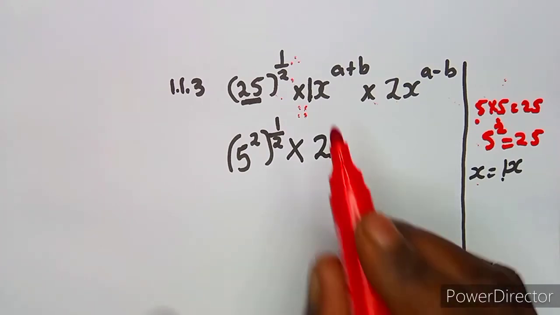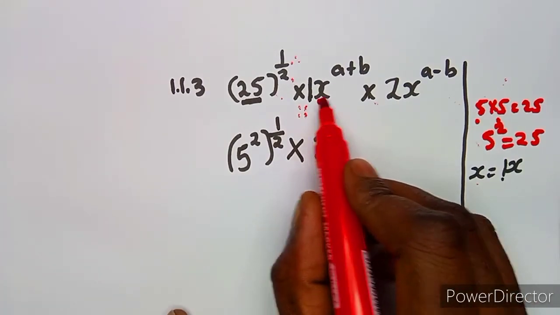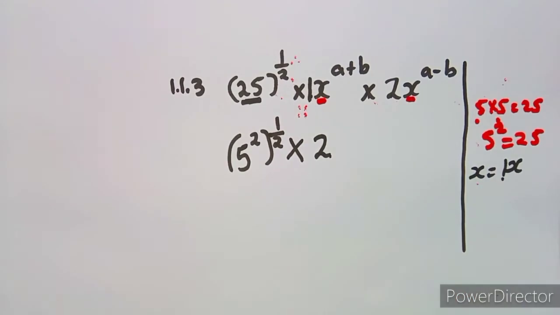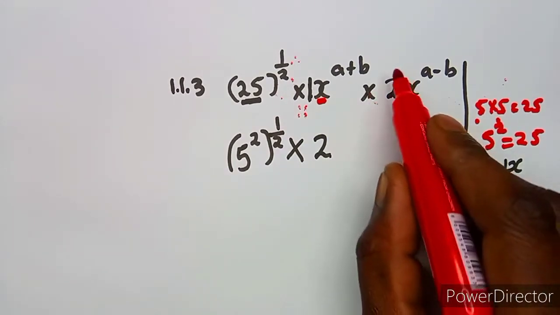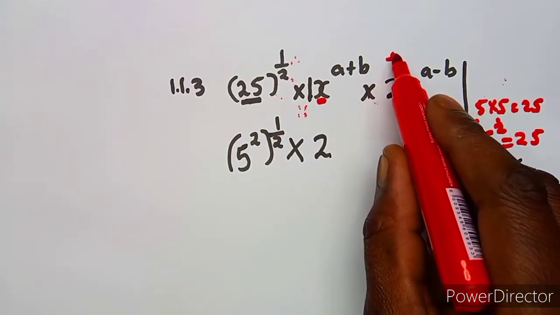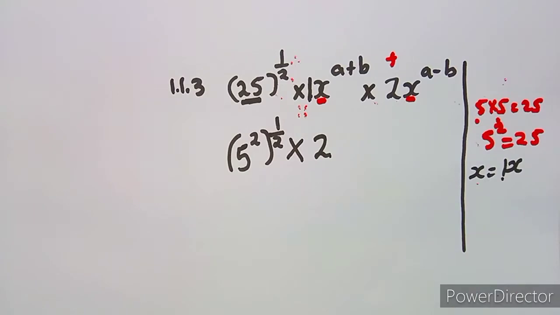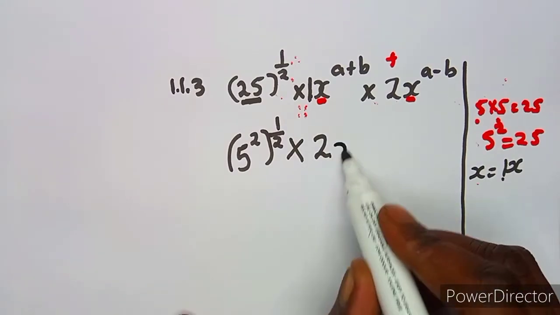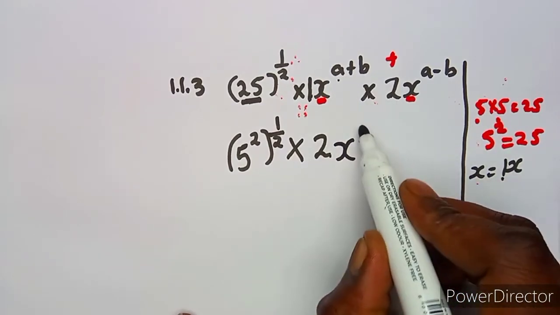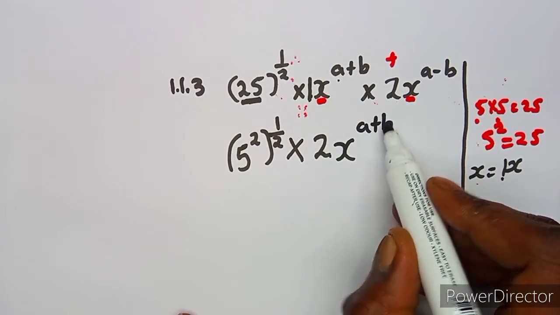But we are given this condition where we have a base and a base which are the same, and we are multiplying. That means we are going to add the exponents. We are going to add a plus b and a minus b. So we are going to have x to the exponent of a plus b, like this.